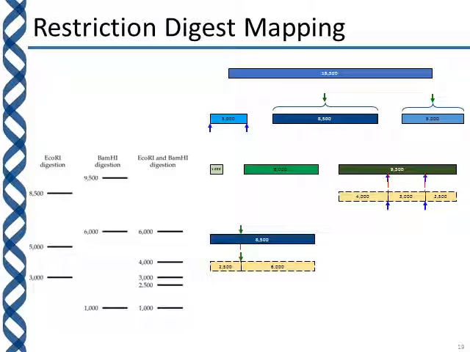So again, there is a BamHI site in that section of DNA and two sites for the EcoRI within the 9,500.